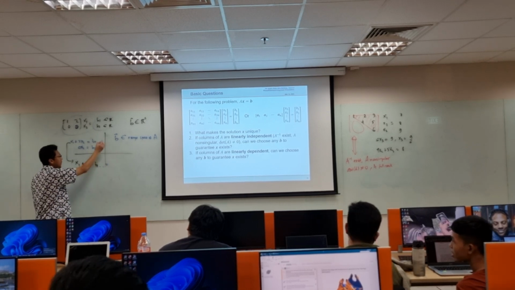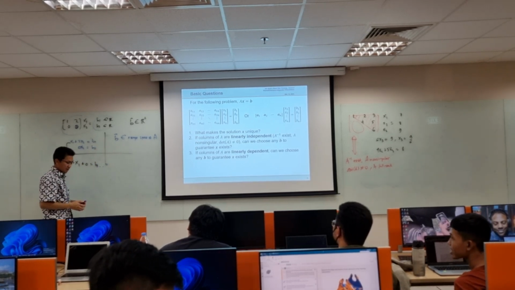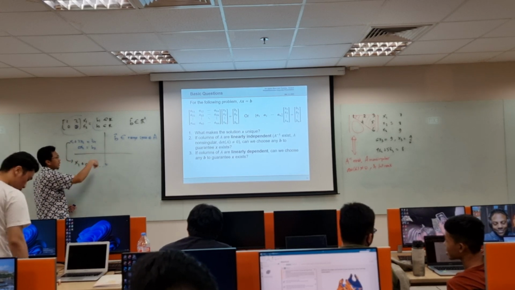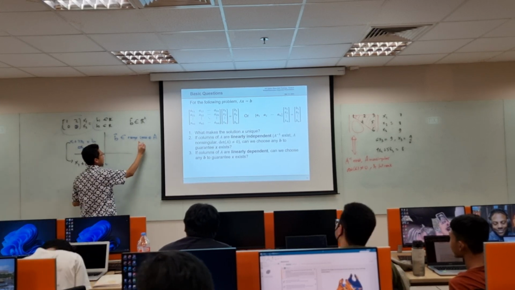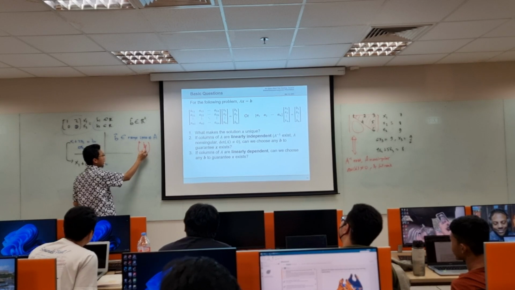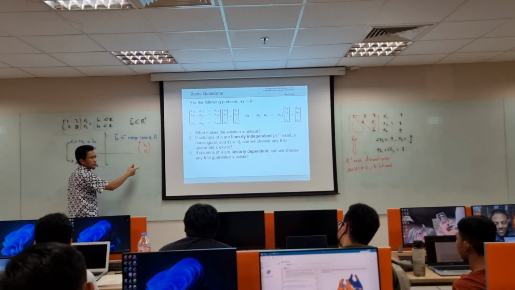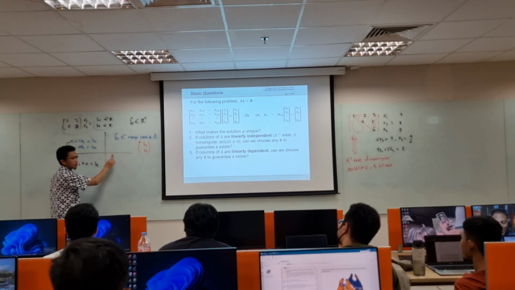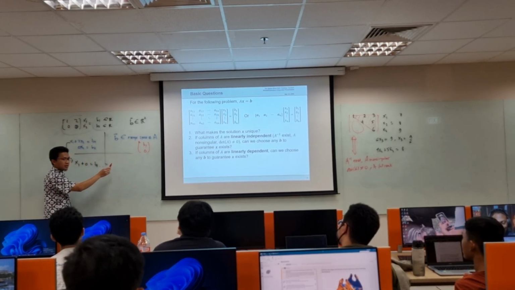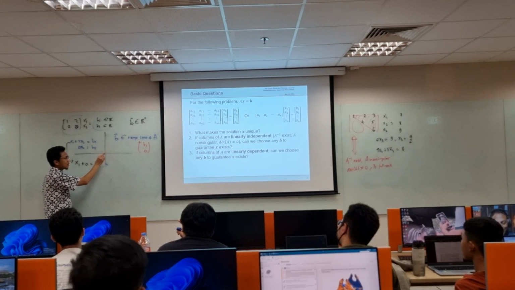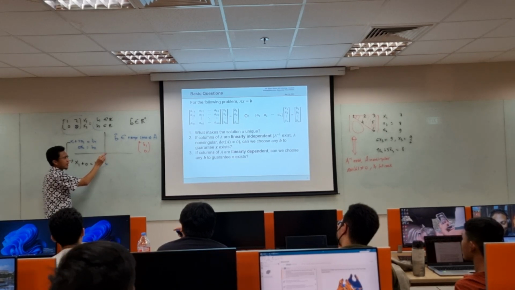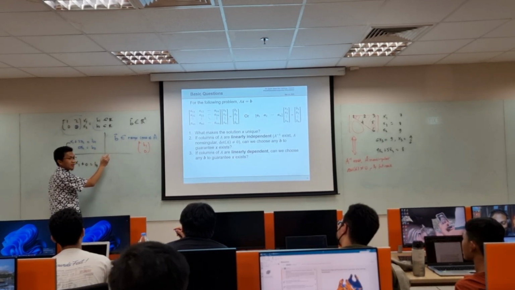So in the xy plane, where is that? If we have b1 and then 0, b1 can be any number, but the second element can only be 0. Can I choose b1 to be 1?